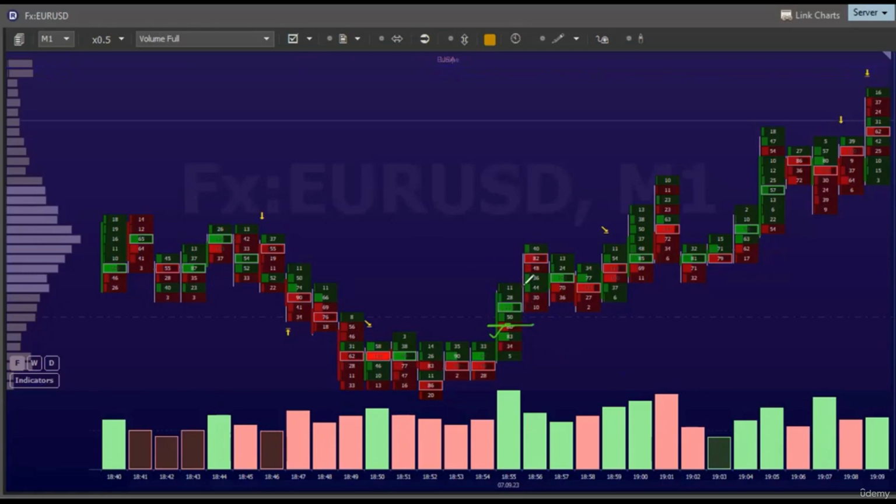Now this is a doji candle, and the power of control is above here. So in this doji candlestick, the power of control is here, that means it's the seller side. This volume is the seller side.